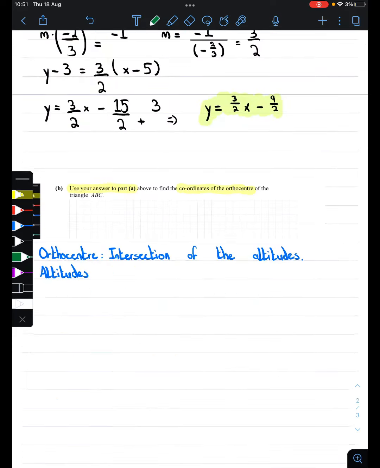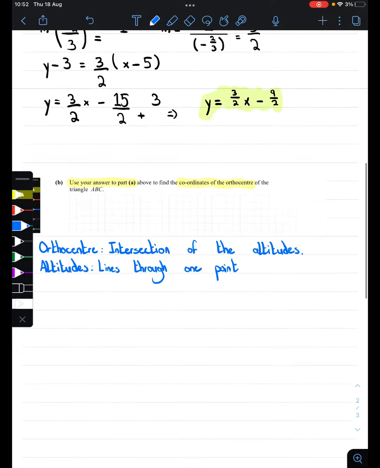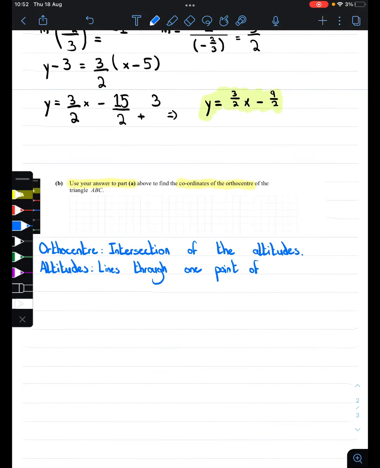So the altitudes are the lines through one point of the triangle, so in the case of part A, through B, perpendicular to the line through the other 2 points.